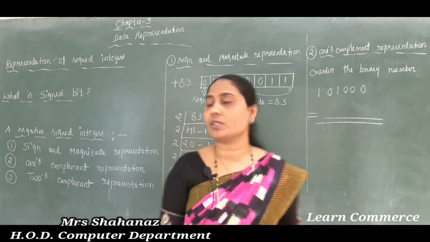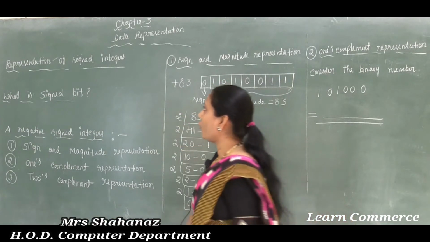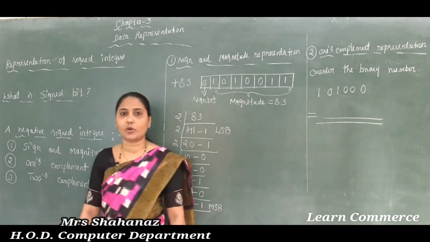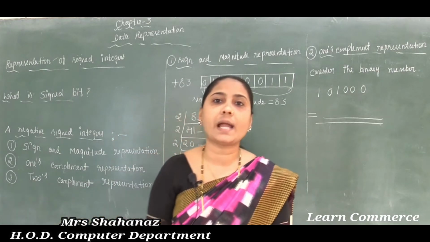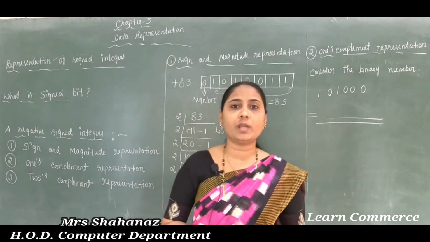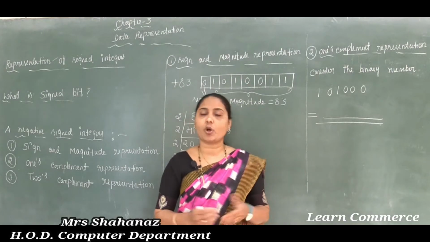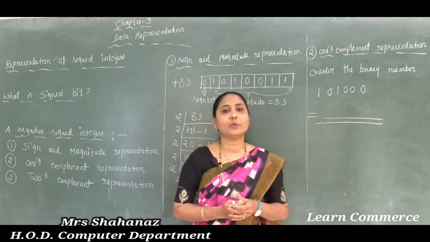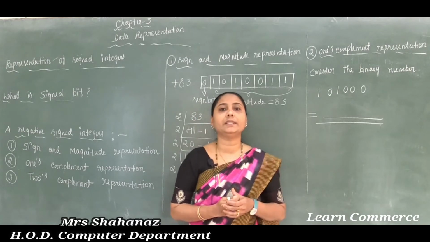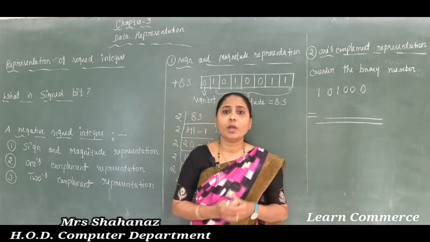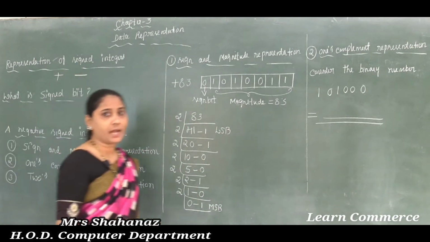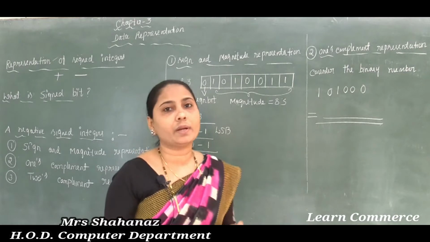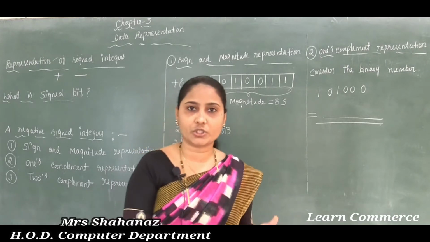The name of the concept is the representation of signed integers. As we know, our digital computers handle both positive and negative numbers. Is there any restriction, or is our computer just handling positive numbers?